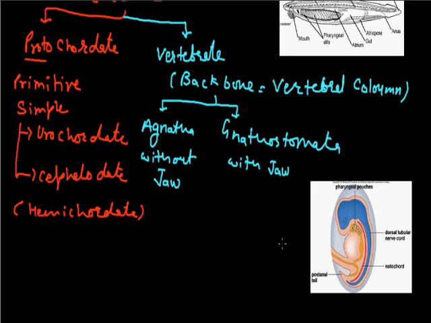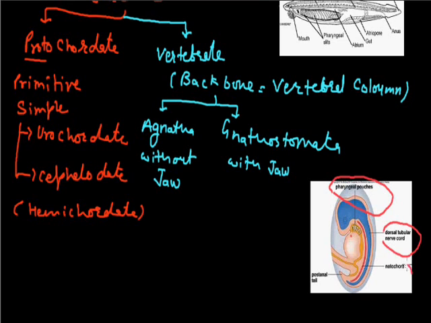Now we discuss what the features of the chordate are. So we revise it again. What are the chordate features? Earlier we already discussed the main three features. One is the pharyngeal gills. This is the embryonic stage of the animal where the pharyngeal pouches or pharyngeal gills are present. This is the dorsal nerve cord.